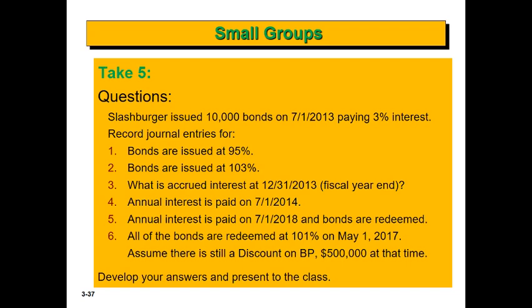What would be their accrued interest at their fiscal year end of 12/31? How much interest would be paid on 7/1? The annual interest that is paid on 7/1. And if the bonds are redeemed at 101% on May 1st, giving us some assumptions here on the discount on bonds payable.